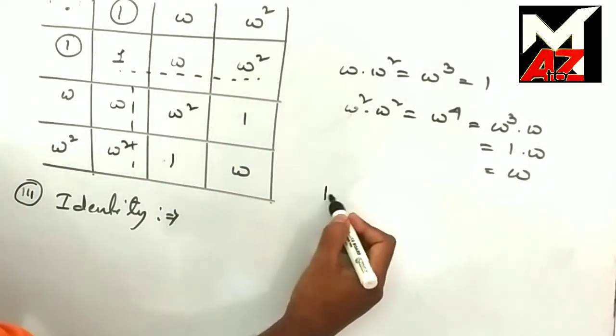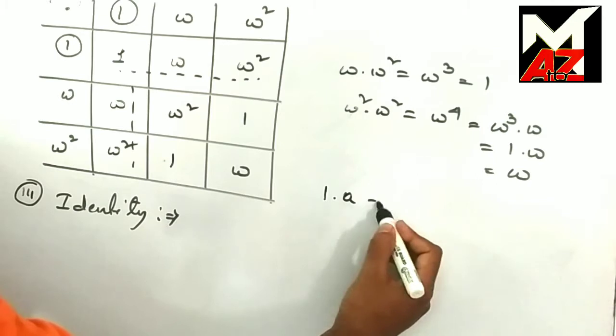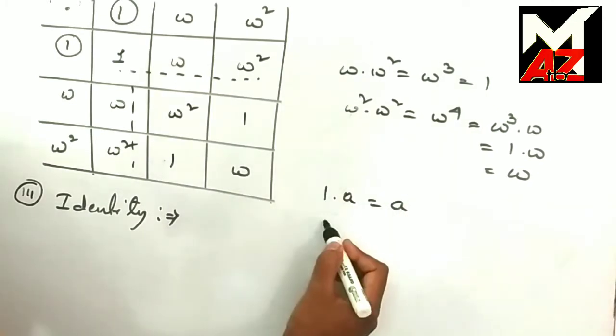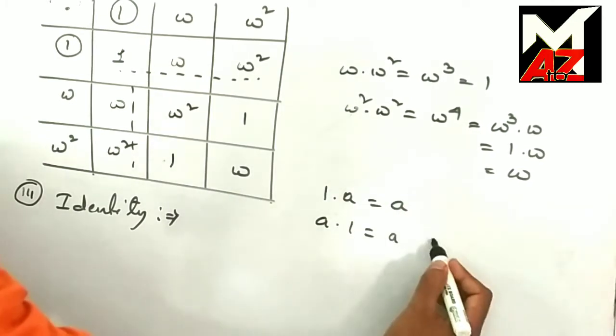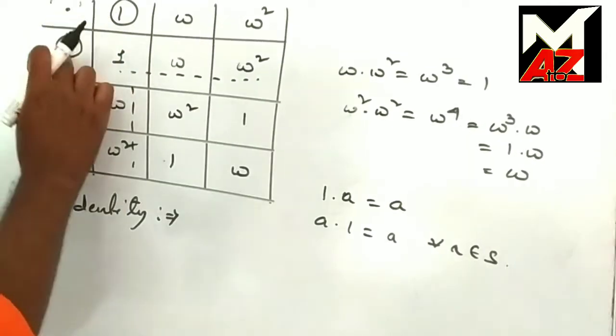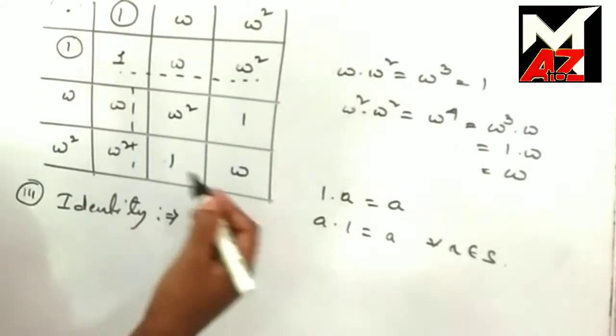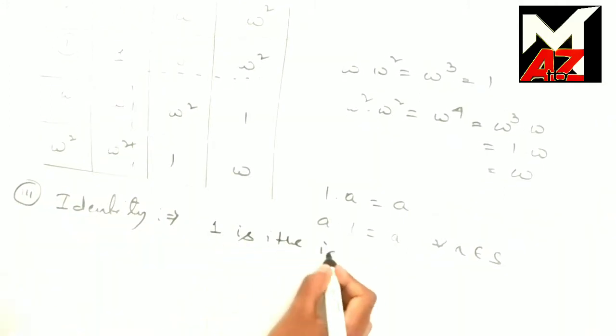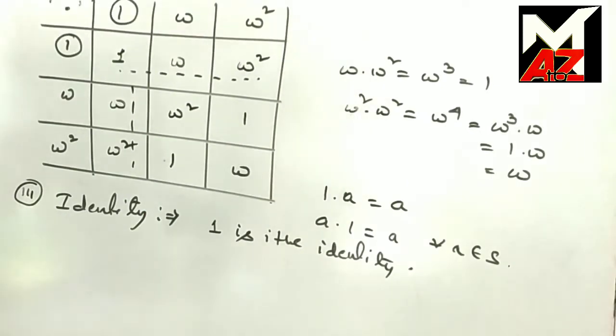That is, 1 into A equals A, and A into 1 equals A, for all A belonging to S. So from the first row and first column, we say that 1 is the identity. So the identity property also holds.